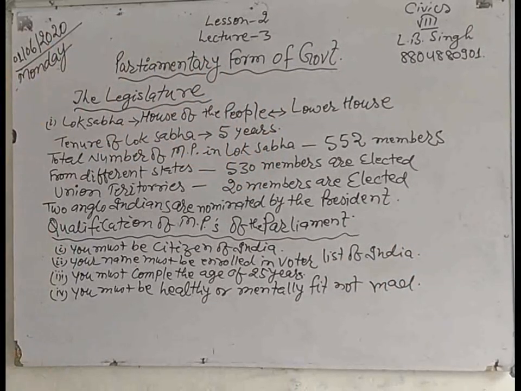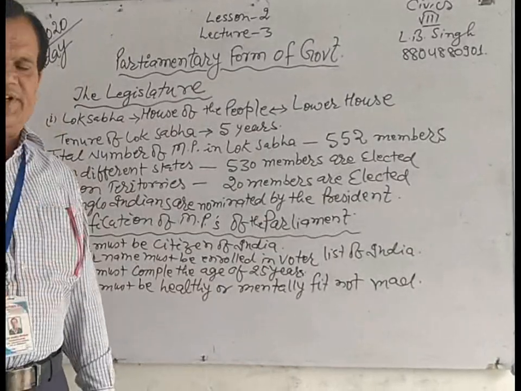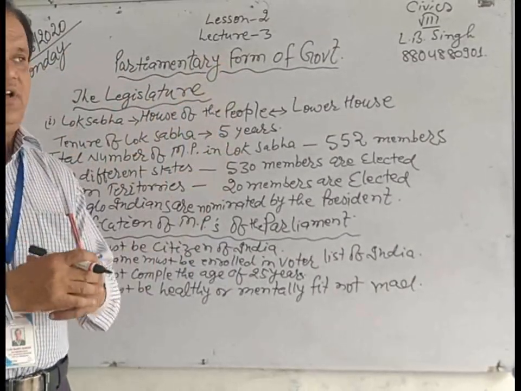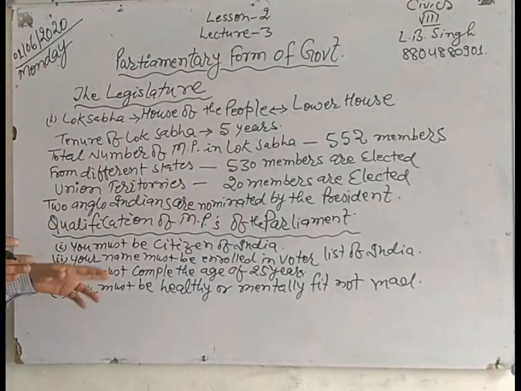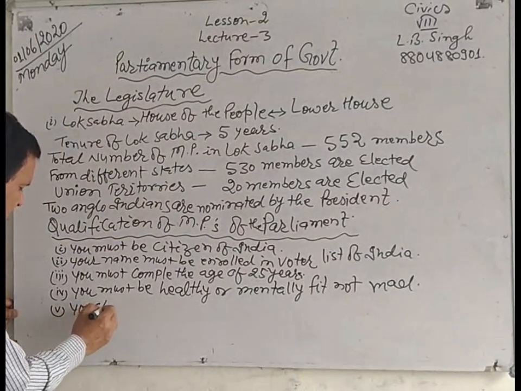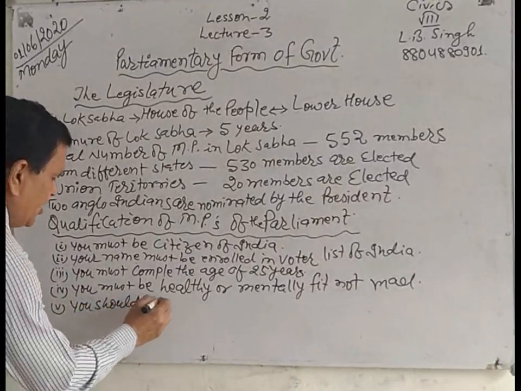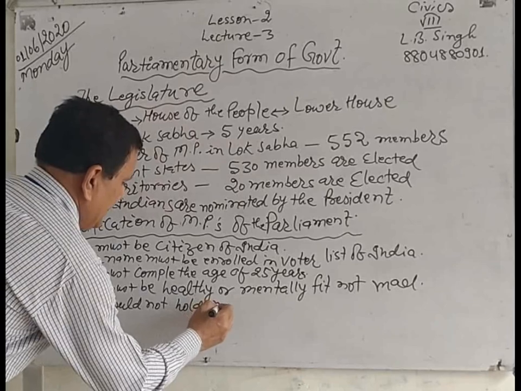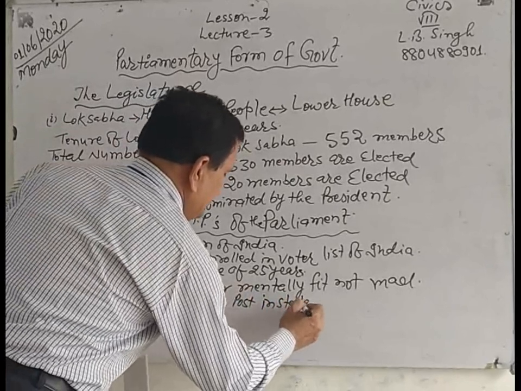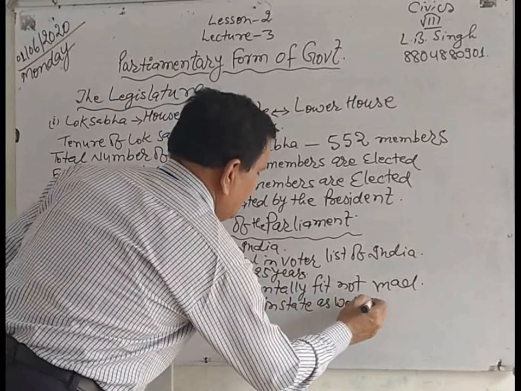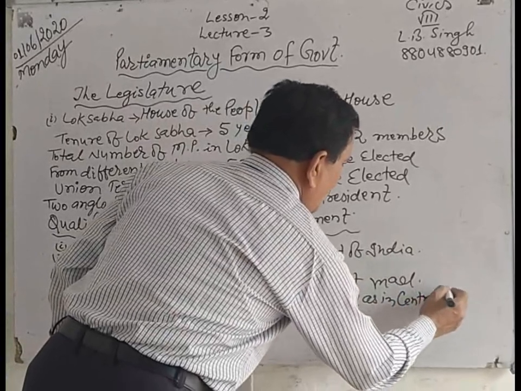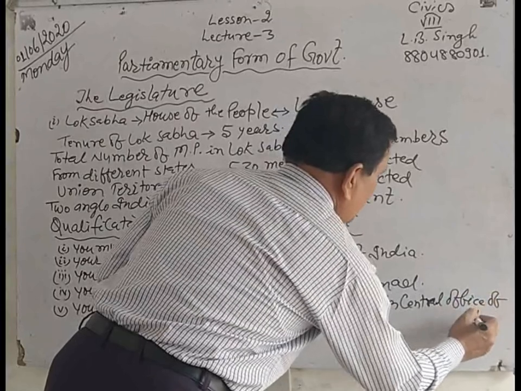आपको इलेक्शन फाइट करने के लिए ये भी एक क्राइटेरिया है कि आपको फिट होना चाहिए, मेंटली फिट, पागल नहीं होना चाहिए। देन यू कैन फाइट द इलेक्शन ऑफ पार्लियामेंट। The last one, you should not hold any post in a state as well as in central office of profit.